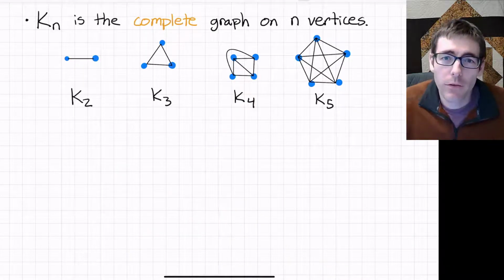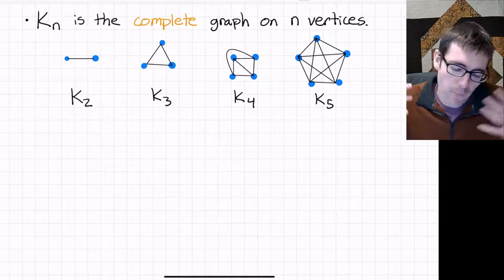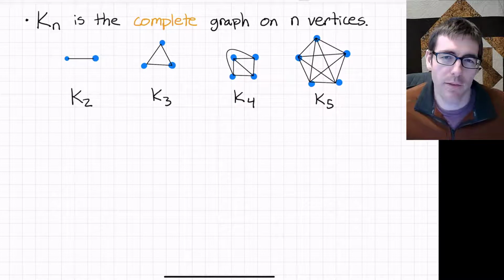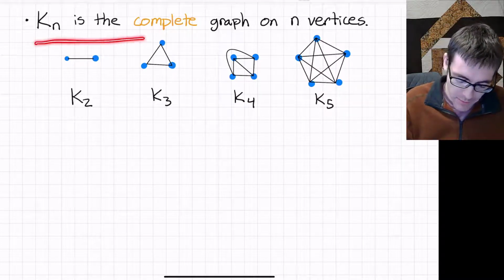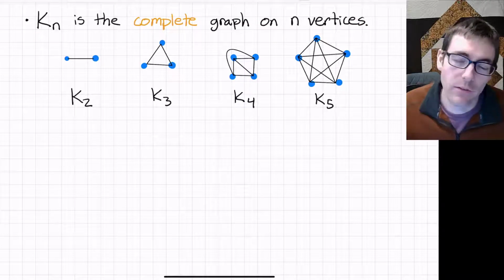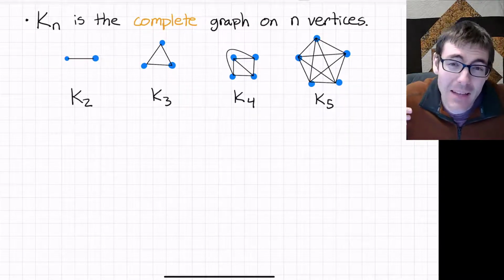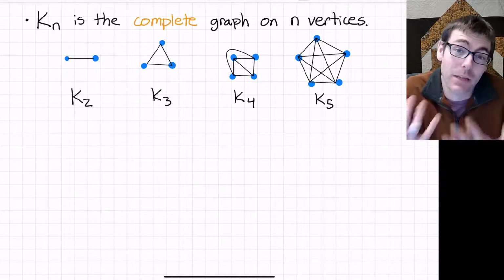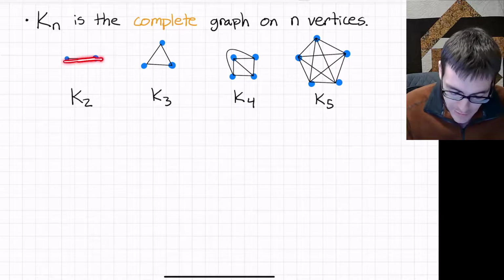So there are a number of graphs that are common enough or simple enough or follow basic rules enough that we want to give them names. The first of which is going to be the complete graph on n vertices. By complete, we mean that it has all of the edges that it possibly could. If we have two vertices, there's only one edge that's possible.